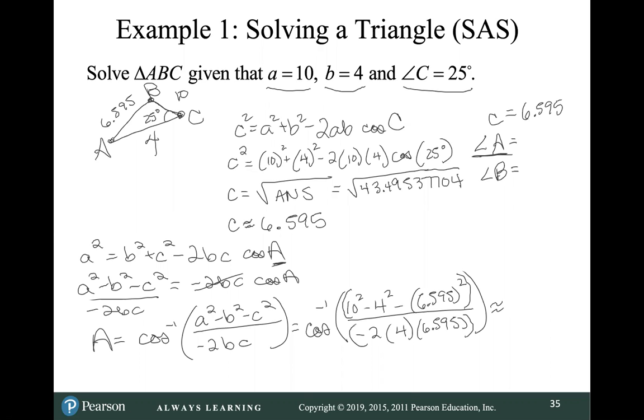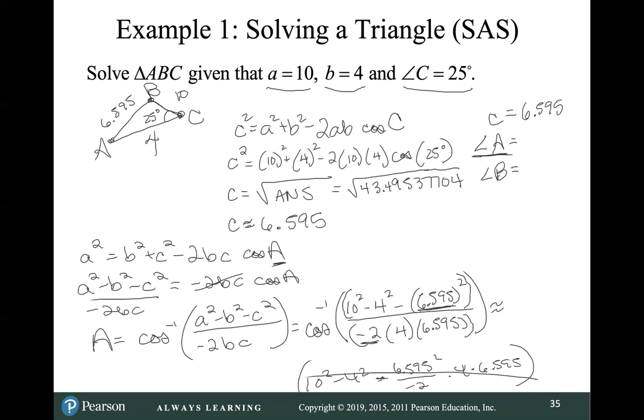Otherwise, you'll only be dividing the 6.595 squared by negative 2, and then it'll be times 4 times 6.595, being subtracted from 10 squared minus 4 squared. This is something completely different, right? I don't just want to divide the last term of the numerator by the first term of the denominator.